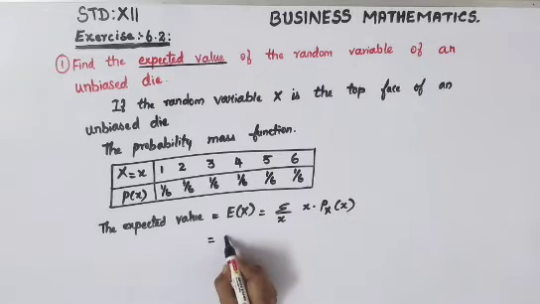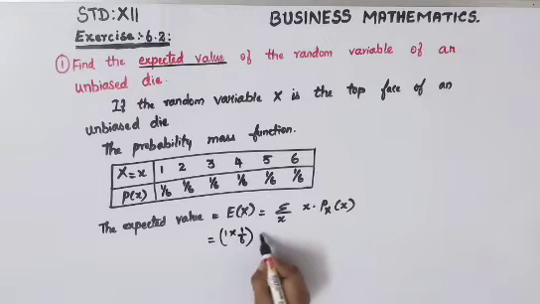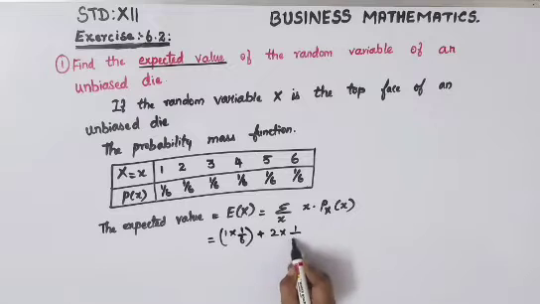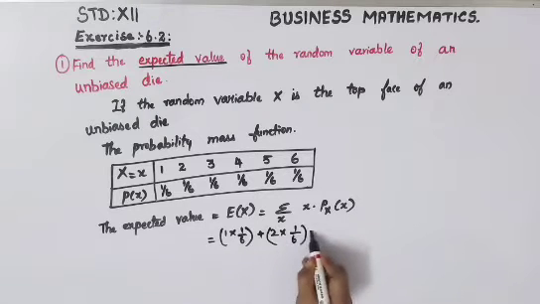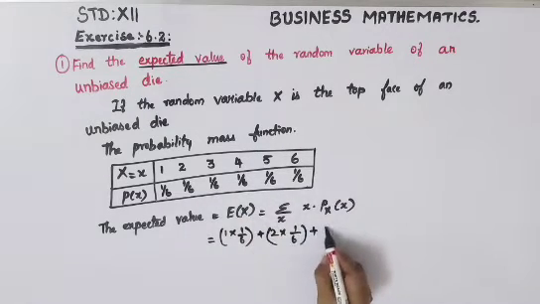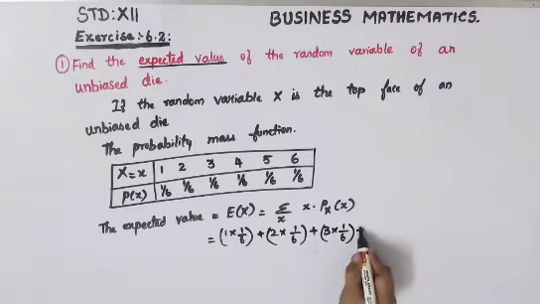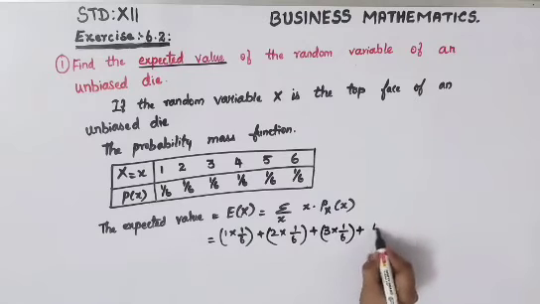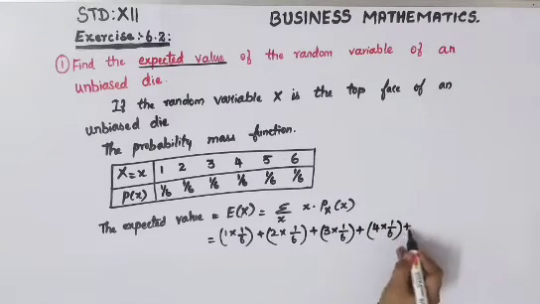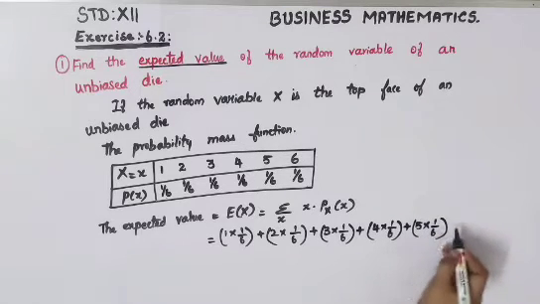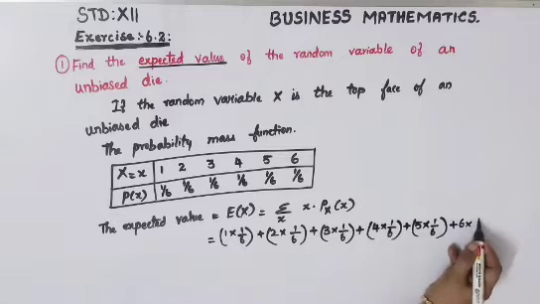That is equal to 1 into 1 by 6 plus 2 into 1 by 6 plus 3 into 1 by 6 plus 4 into 1 by 6 plus 5 into 1 by 6 plus 6 into 1 by 6.